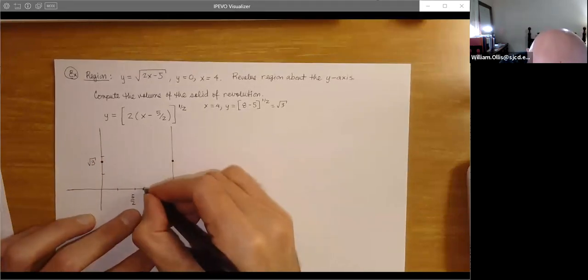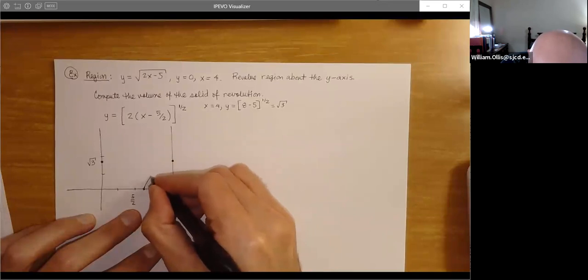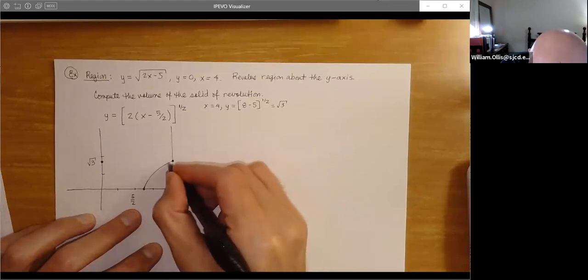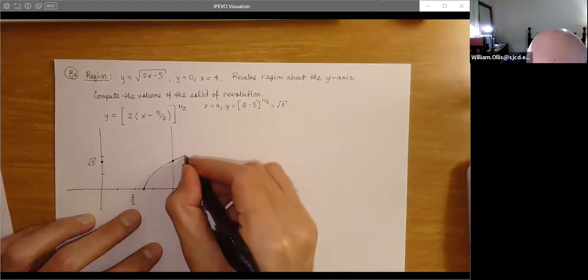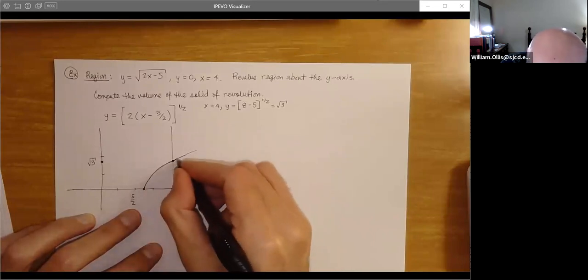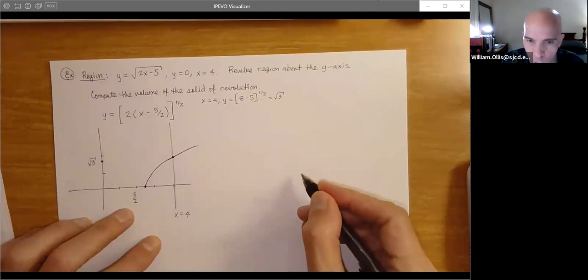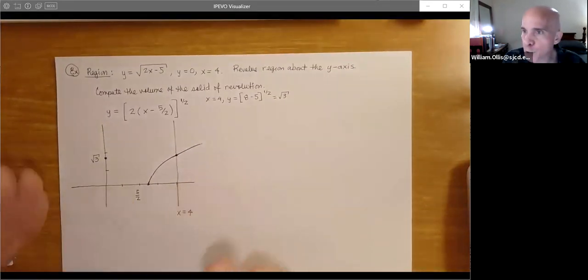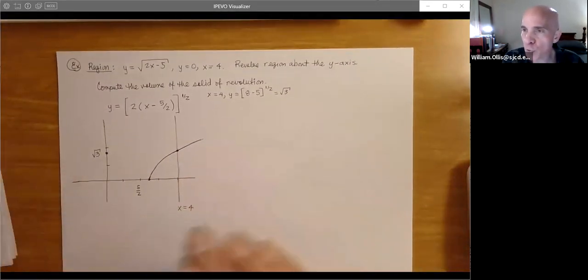So let's go ahead and draw our square root function. Good old college algebra. Of course, this just keeps going. So again, we see it stretched vertically, but it's also shifted horizontally.